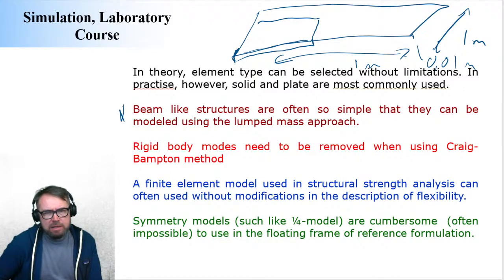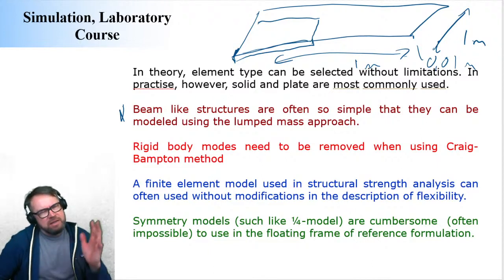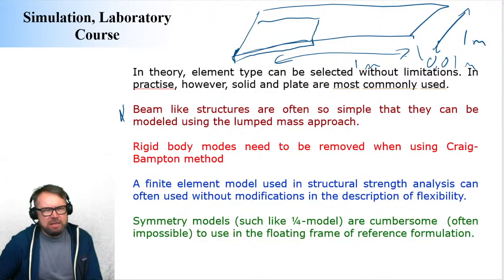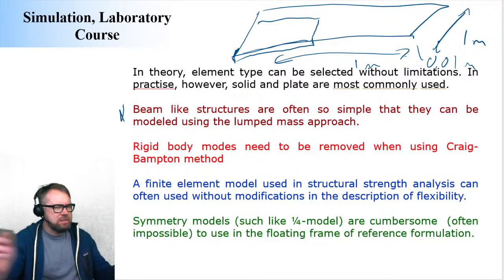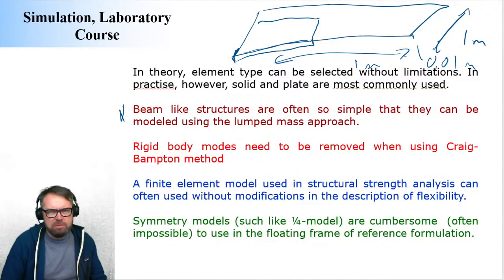But there are sometimes cases where the beam structures are simple, they are straight, so they are not too difficult to model, and it's easy to model them by simply using a lumped mass approach.